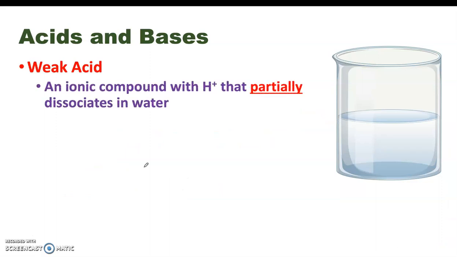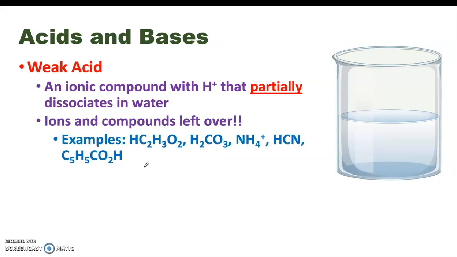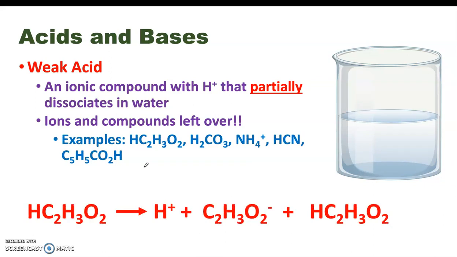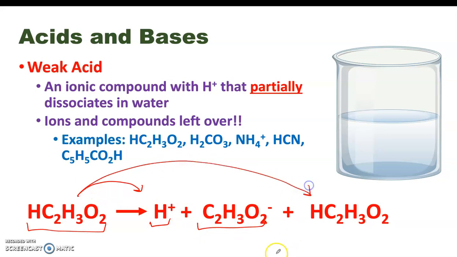A weak acid, on the other hand, only partially dissociates in water. So there are compounds left over, the initial compounds. Here are some examples. This is not a complete list, just some examples of weak acids. When I put this in water, only some of it breaks up into its ions, and some of it doesn't.